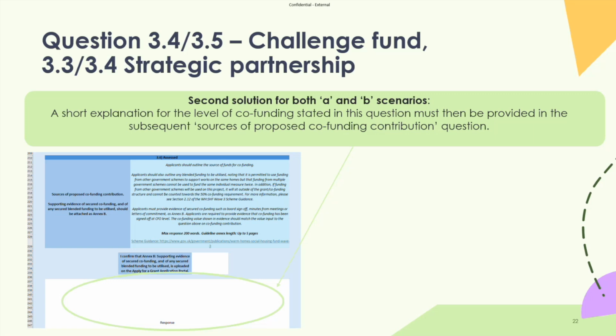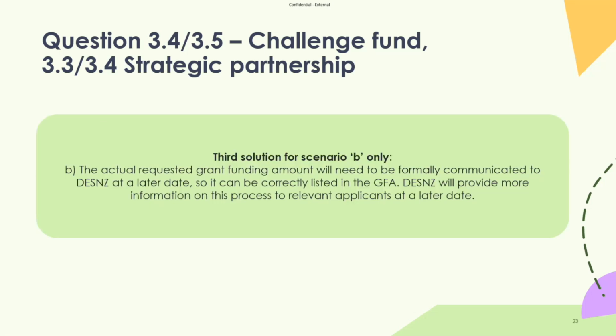What is asked of you is that you put a small explanation into the next question. So a short explanation for the level of co-funding stated in this question must then be provided in the next section. So as you move down the application form, in the free text box, just add a small amount of detail on what your actual expected total grant funding is. So there we go, that summarises it.